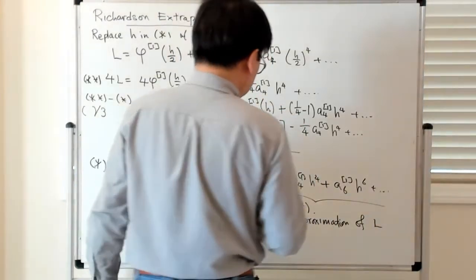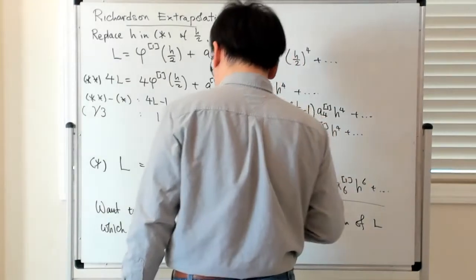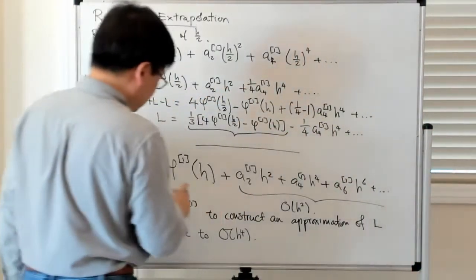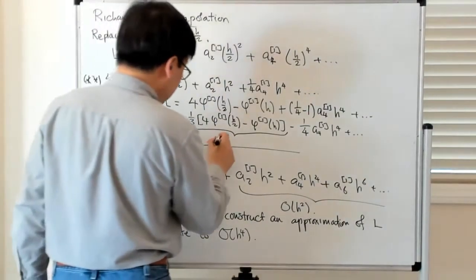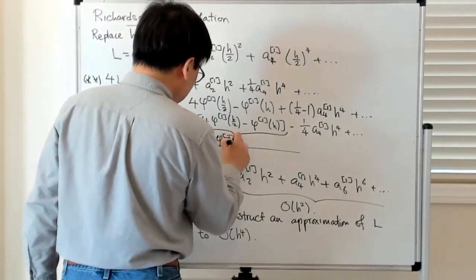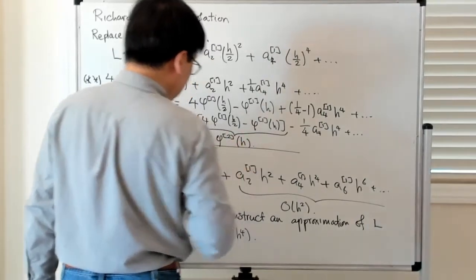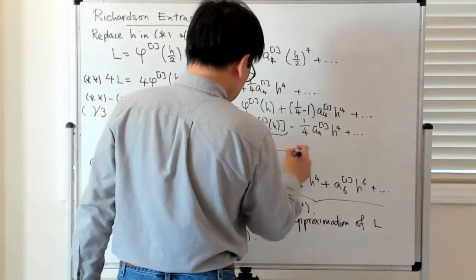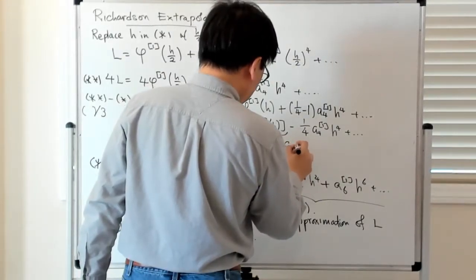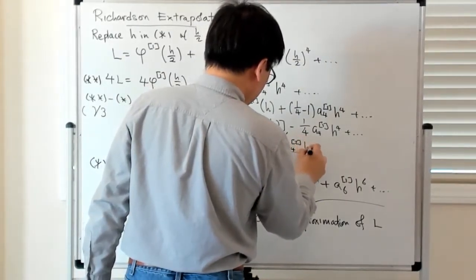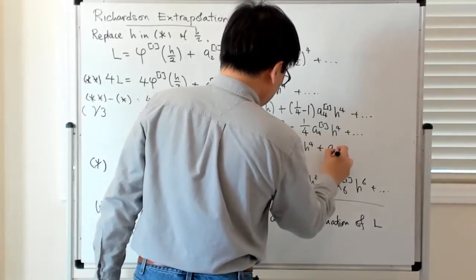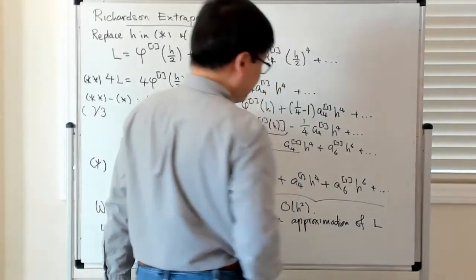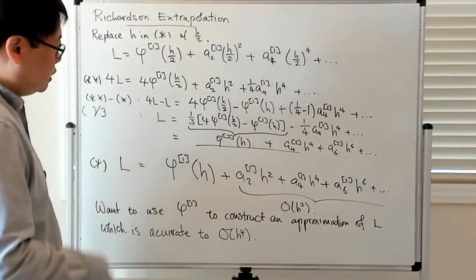So the way to think about this is that this is now my next approximation. Instead of phi 1, I'm going to call this phi 2 of h, and so L is equal to phi 2 of h plus now an error term a42 h to the 4 plus a62 h to the 6 plus so on. Hopefully you get the idea.